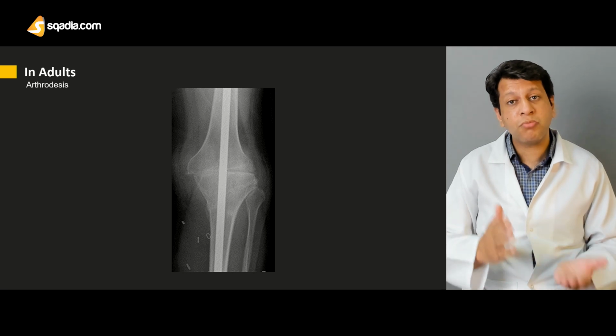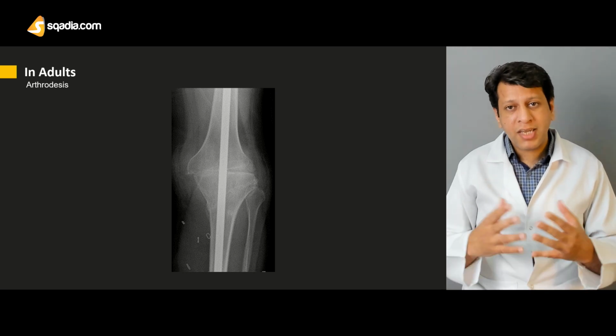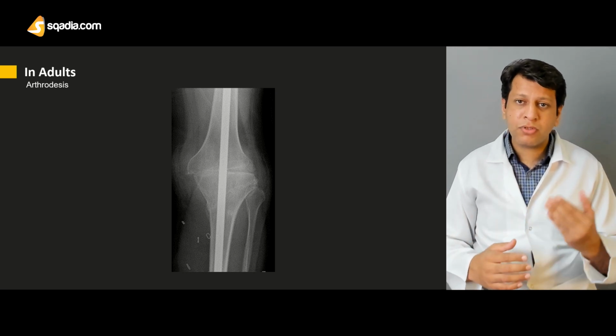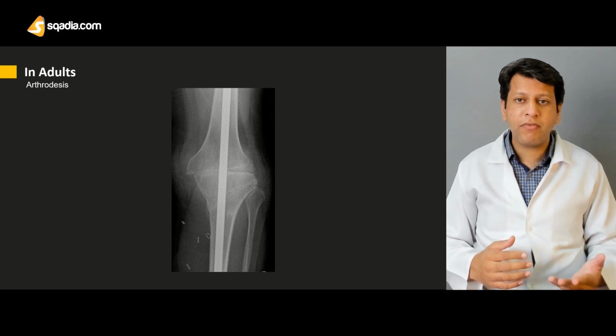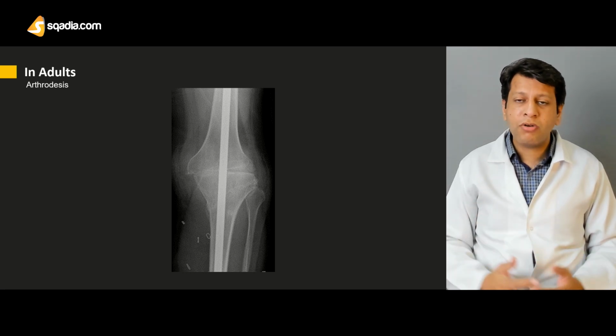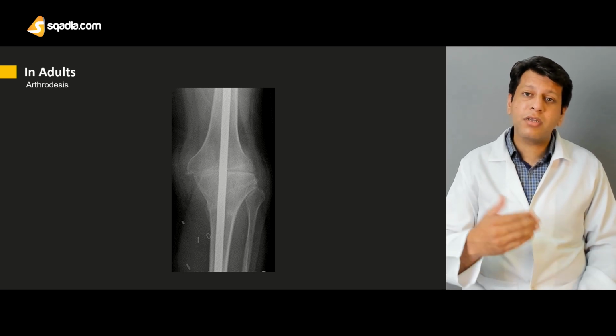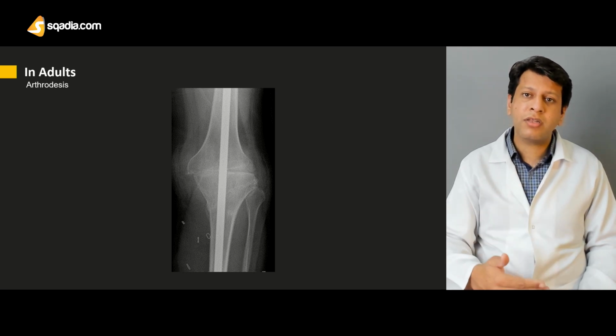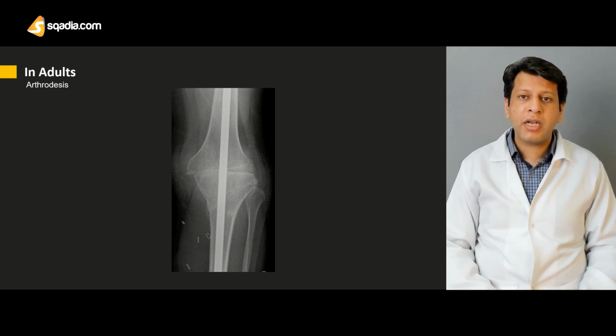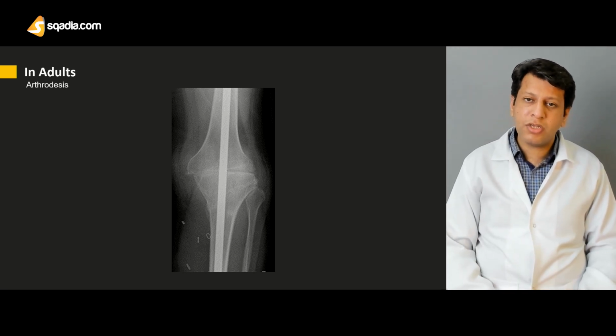Total knee replacement is a much better option, but at times you are clinically hampered, because this is kind of a latent infection. It will remain indolent and latent for a long period of time and get reactivated, and once it gets reactivated, it may infect all the metal which is in place for the TKR as well.